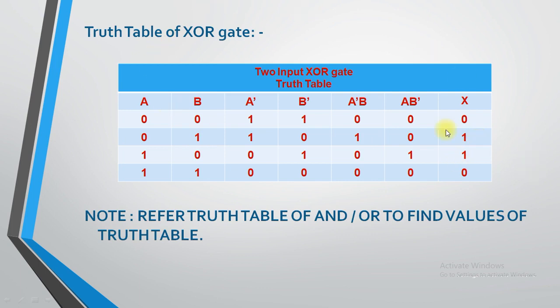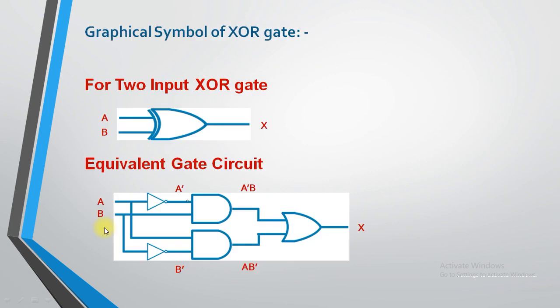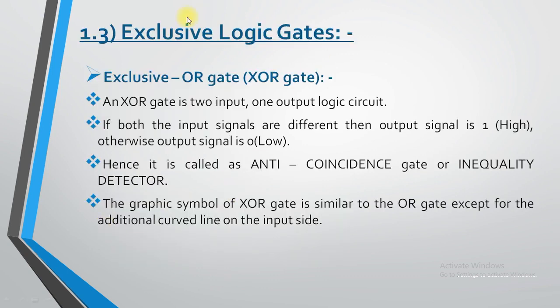So to find the table of the XOR gate, you need to refer to the truth tables of the AND and OR gates to find the values of the following truth table. And one point we have skipped in the theory: if both the input signals are different, then the output signal is high, otherwise the output signal is low, and it is called an anti-coincidence or inequality detector.